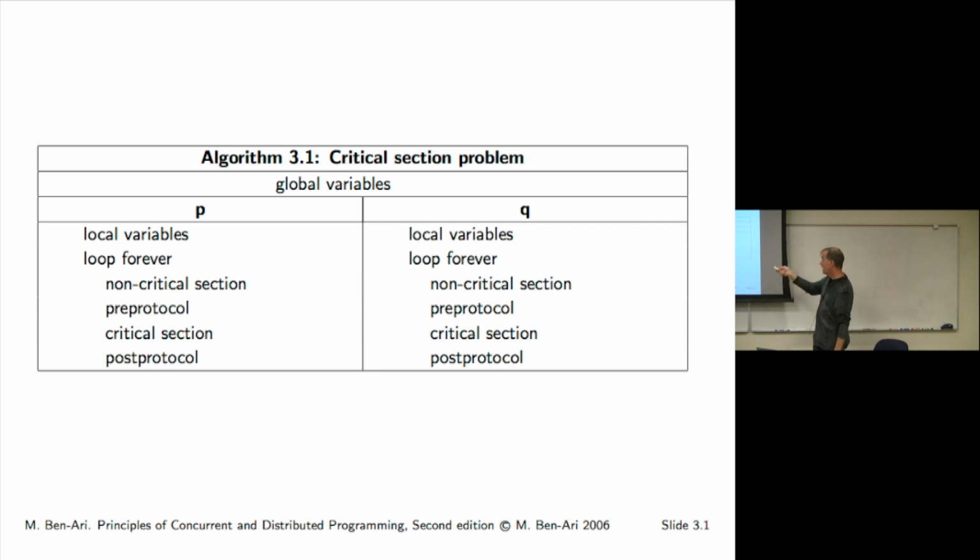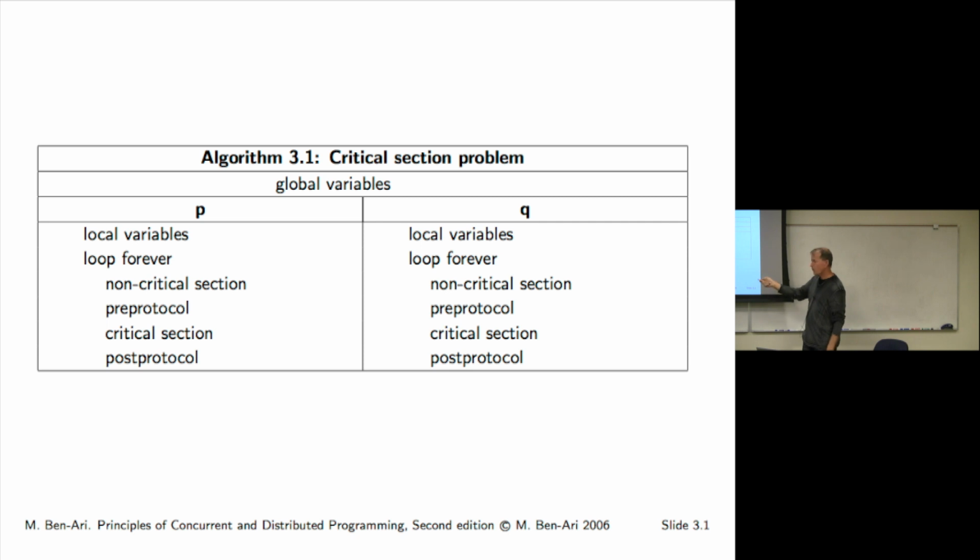So here's how we structure the code. Inside each loop, there's going to be a non-critical section, which represents people browsing to see what's available. But then once they decide, there is what's called the pre-protocol section.